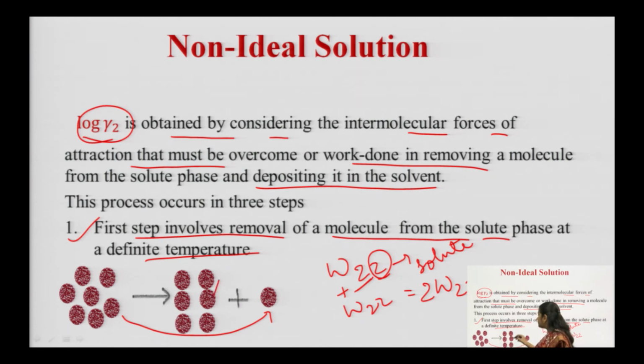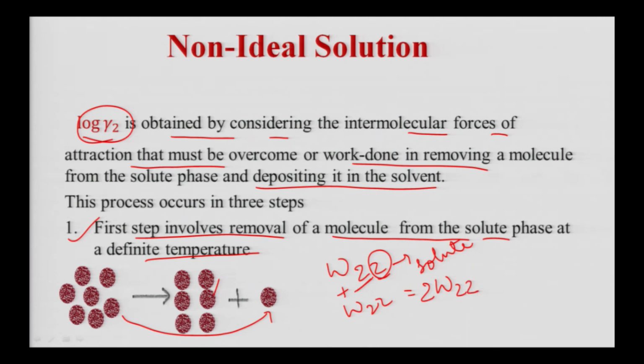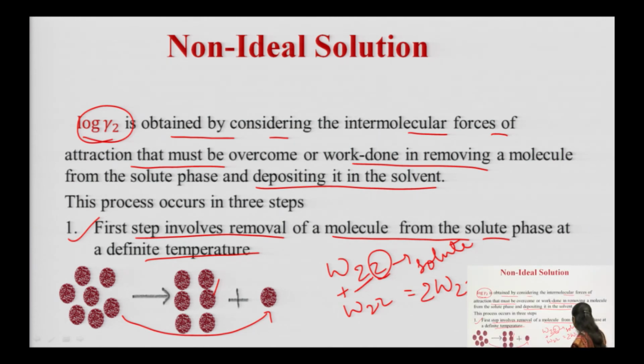As it rearranges itself, the hole which was formed is filled up, it is closed. As the hole is closed, half of the work done will be gained, means the gain in work done will be W22. So the net energy in this step is W22.